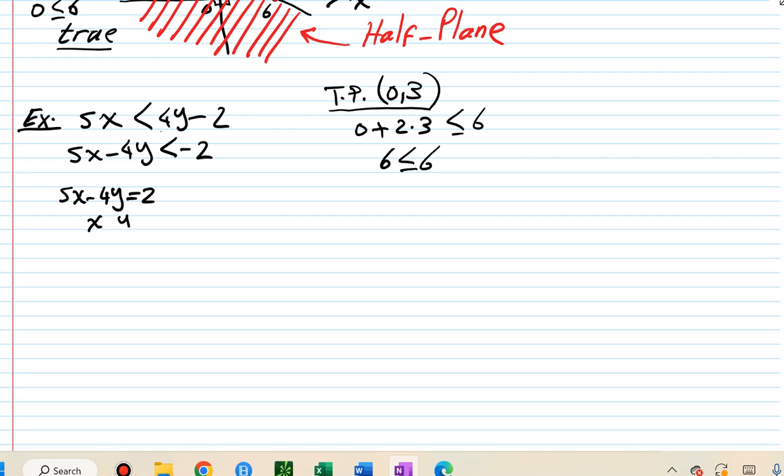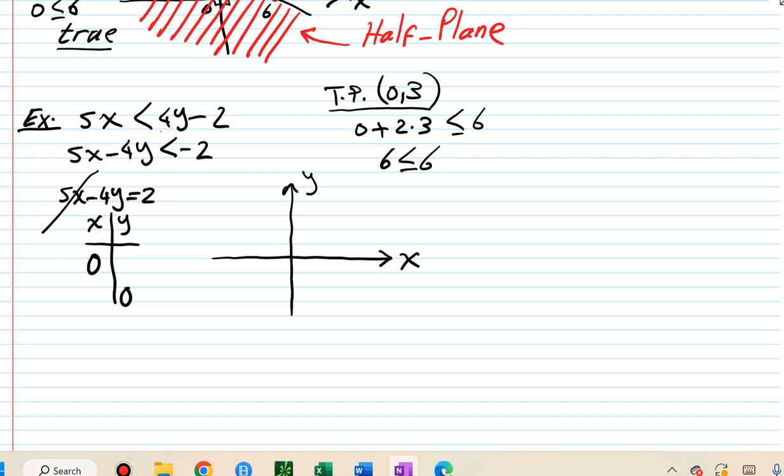Now, again, going by what I just said, once I have my equation in standard form, I like to choose intercepts as my points on the graph of this line. So here's the coordinate system. Now, when x is 0, negative 4y is 2, divide both sides by negative 4.